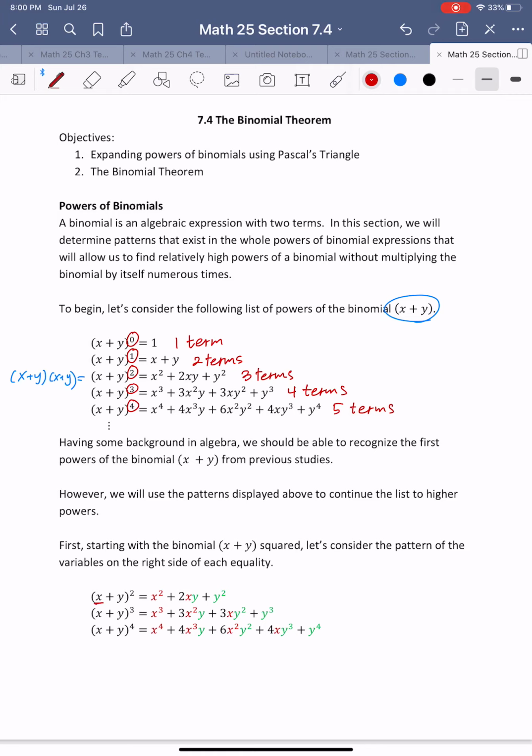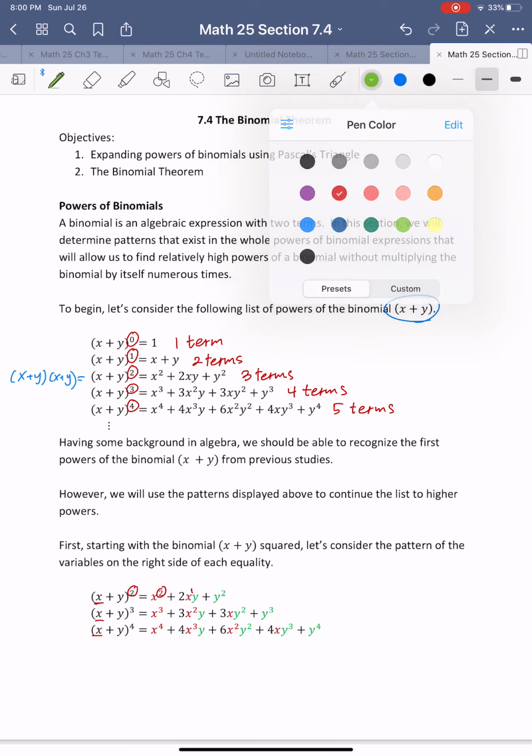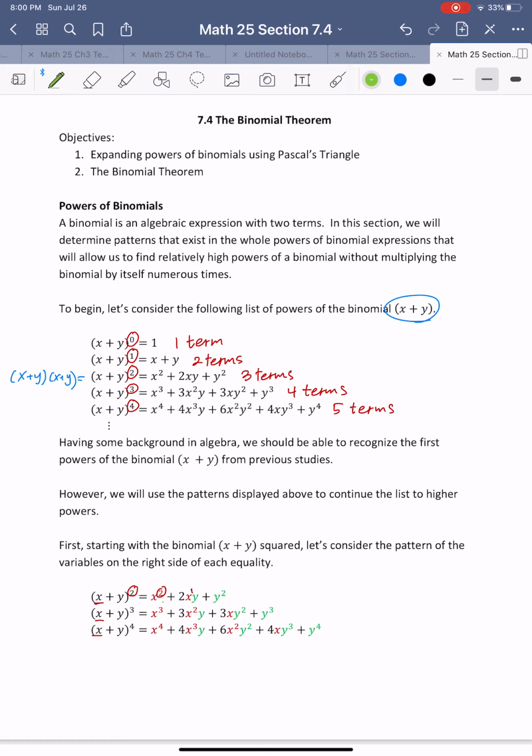The power of x is decreasing from 2, 1, 0. As the power of y is increasing, it goes 0, 1, 2. For the cube, x goes 3, 2, 1, 0, and y goes 0, 1, 2, and 3.